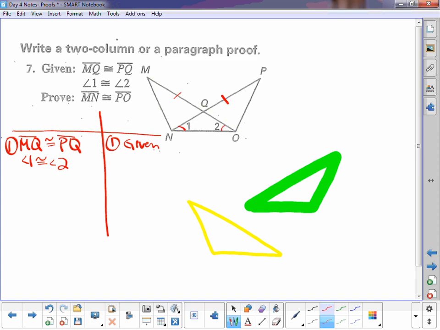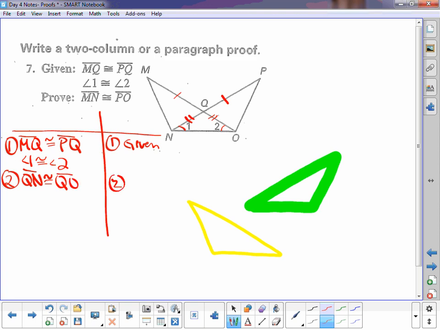Now, what we just learned was our isosceles base angles theorem and the converse of it. So here we see we have two angles congruent. So by the converse, I can say those sides opposite are congruent. So I can go ahead and say segment QN is congruent to segment QO.